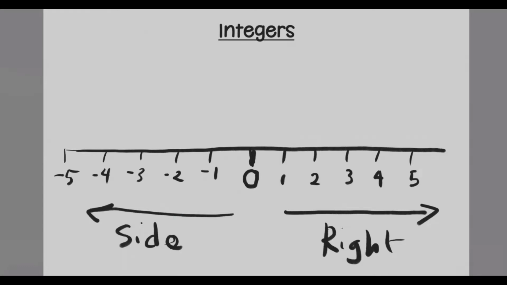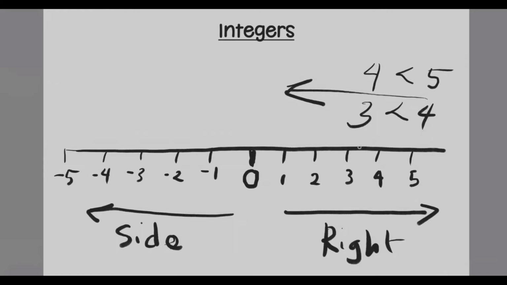What that means is, if I'm moving in this direction, it becomes smaller, which means that 4 is less than 5. It also means that 3 is less than 4, 2 is less than 3, and 1 is less than 2, and therefore 0 is less than 1. That also means that -1 is less than 0.